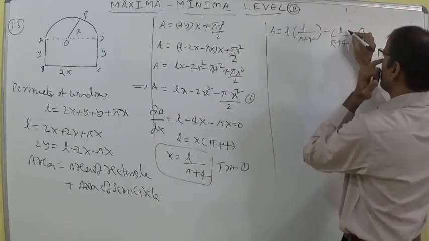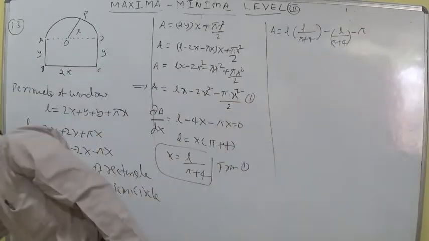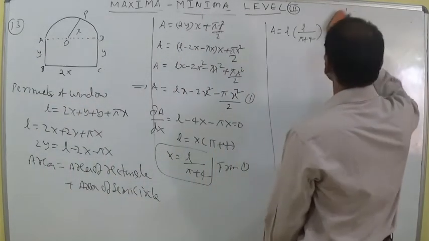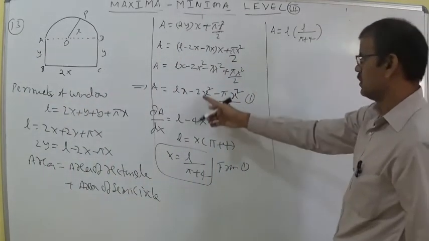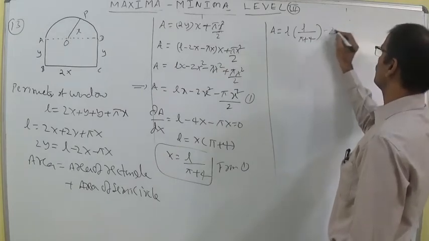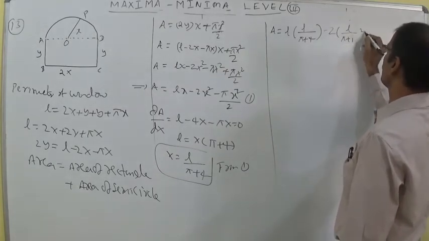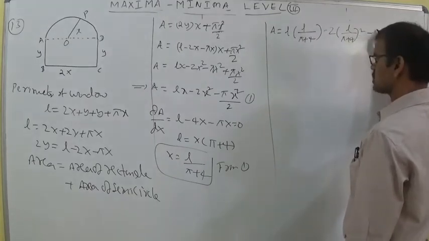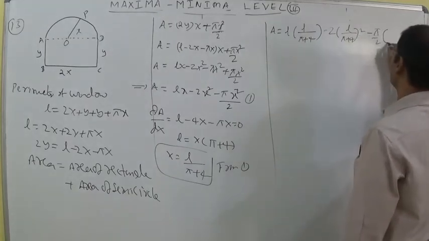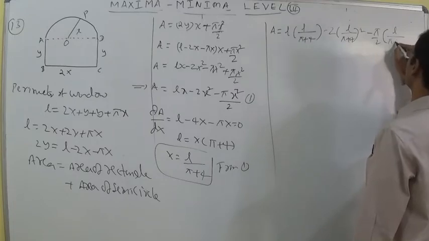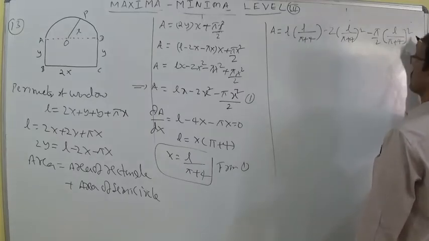So L by pi plus 4 whole square, 2x square. L into L by pi plus 4 minus 2 into L by pi plus 4 whole square, minus pi by 2 into L by pi plus 4 whole square.